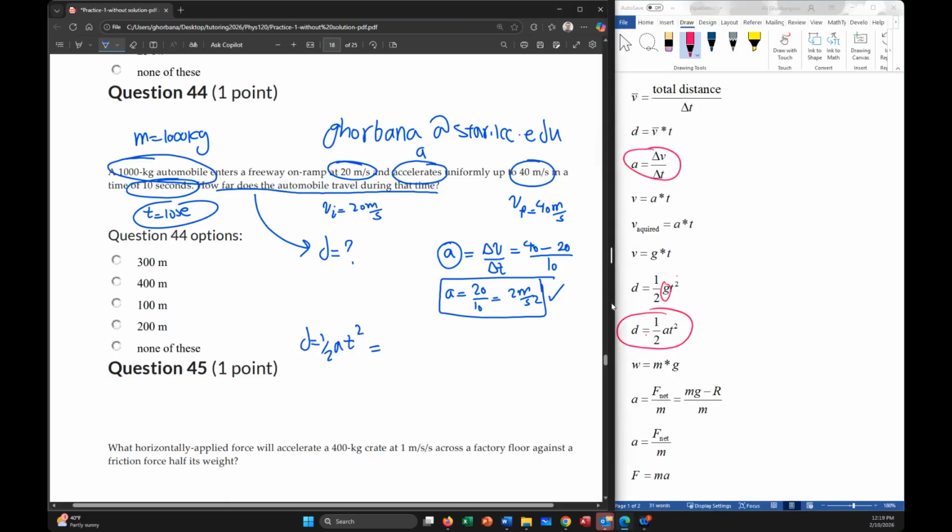Good. 1 over 2, acceleration is 2, and time is 10. When you calculate this, what do you get? I got 100, yes?